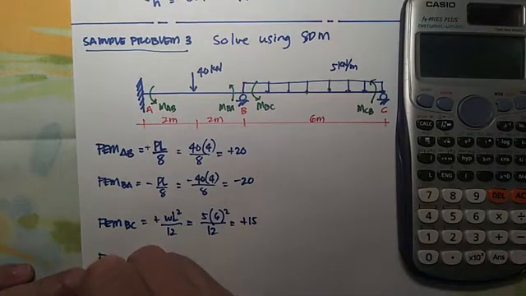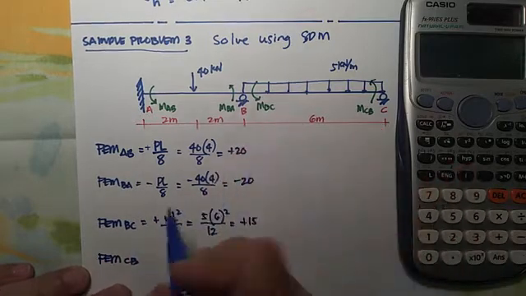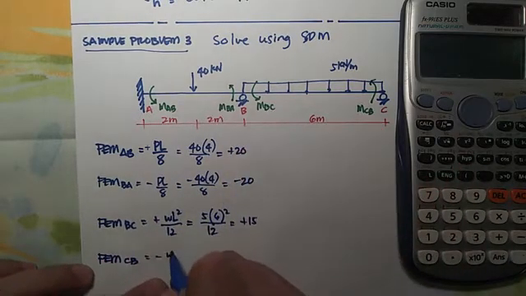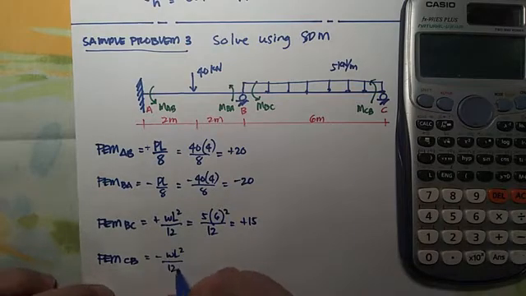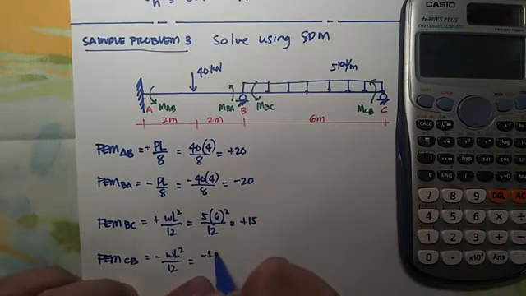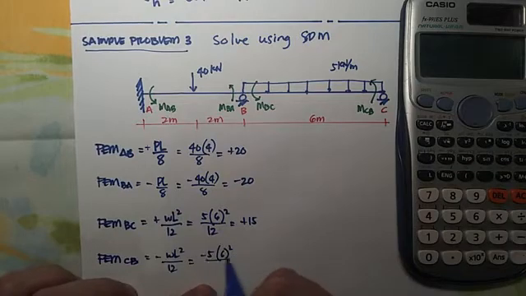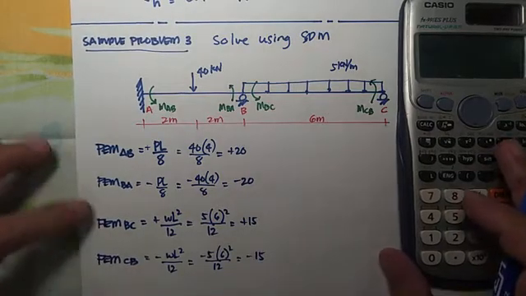While the fixed end moment on member CB would be negative wL squared over 12, that is negative 5 times 6 squared over 12, that's negative 15. So these are the fixed end moments.